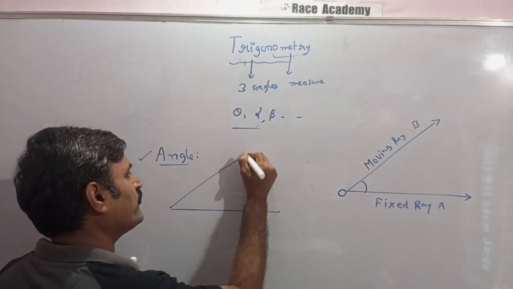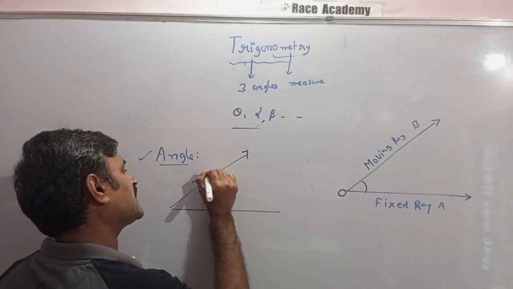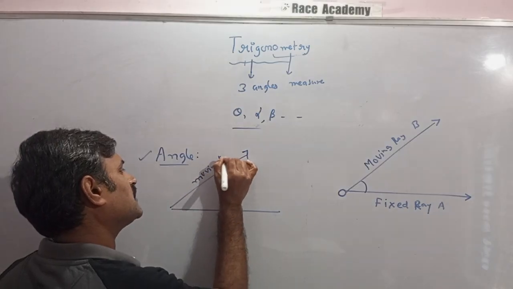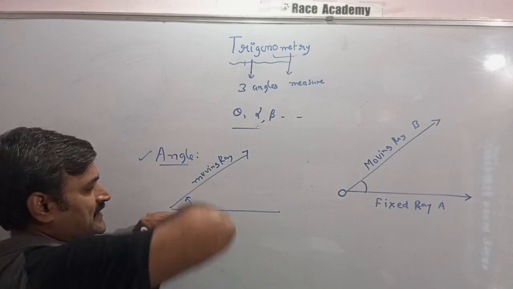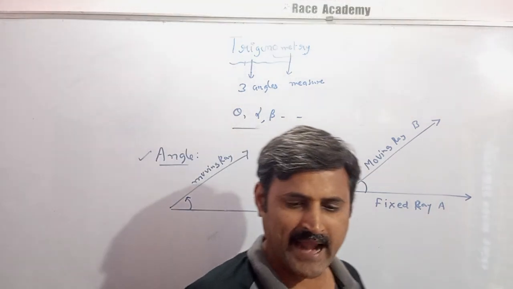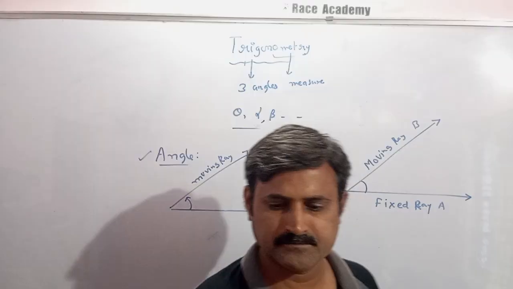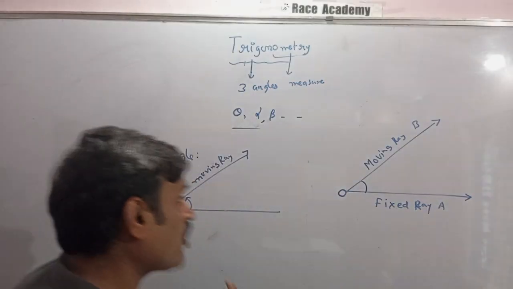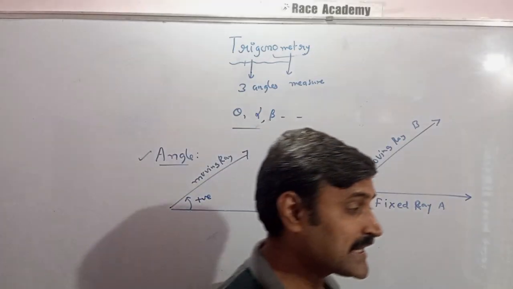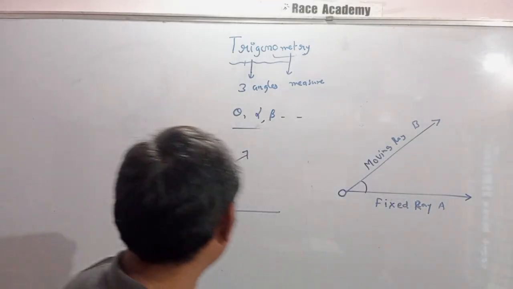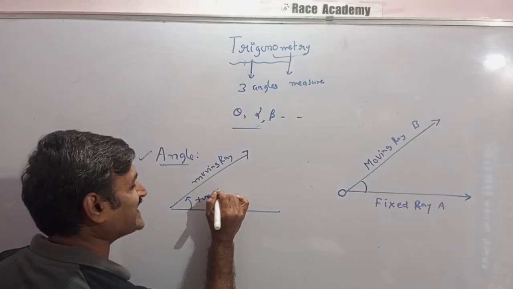In this, one point I would like to tell: if the rotation of the moving ray is in the anti-clockwise direction, then the angle is regarded as a positive angle. Positive means plus theta.